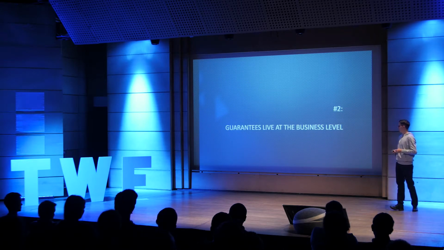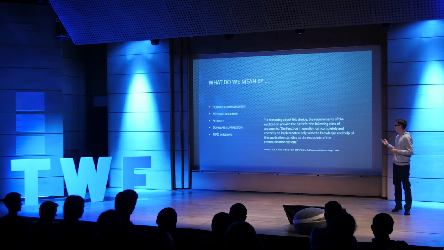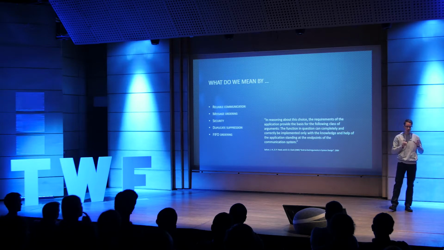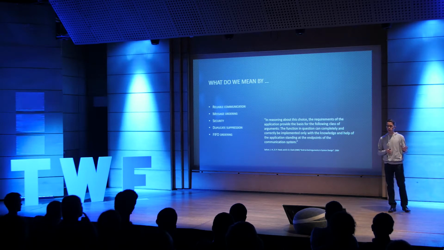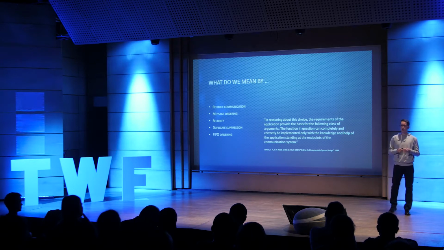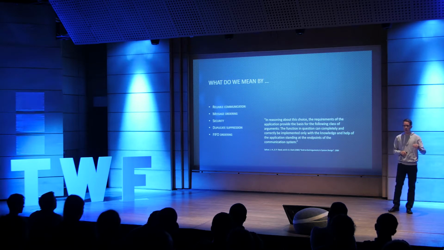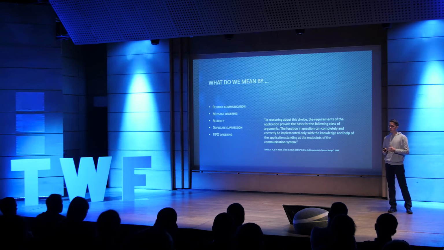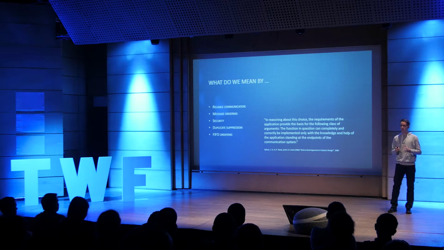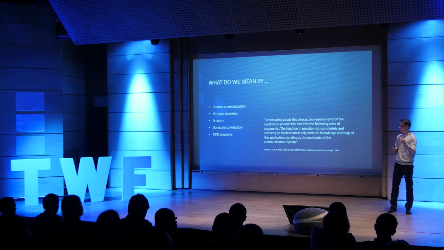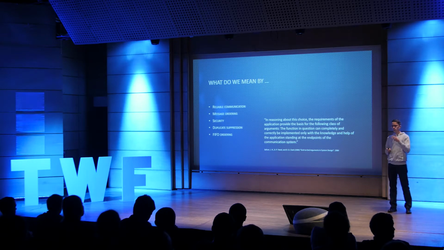Lesson number 2 is that guarantees live at the business level. And what do I mean by that? If you look at the field of distributed systems, you very often hear about the infrastructure. The infrastructure can be a messaging infrastructure, a storage infrastructure, but basically something that you build your system on top of. And in the context of that infrastructure, you can hear a lot of different adjectives, like reliable, ordered, secure, deduplicated, FIFO.